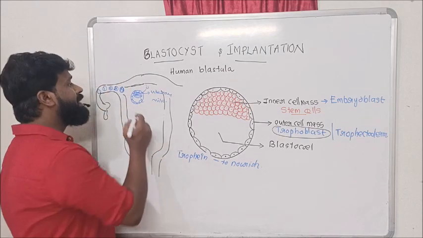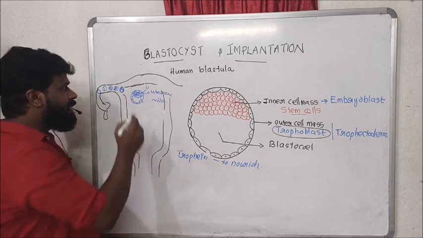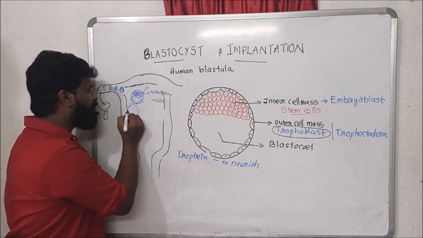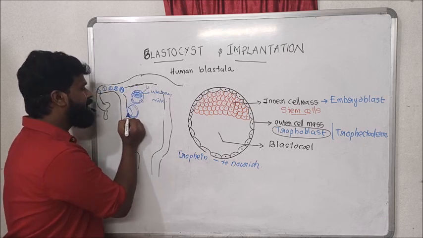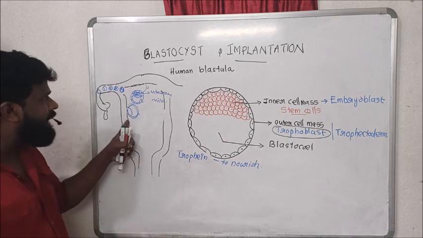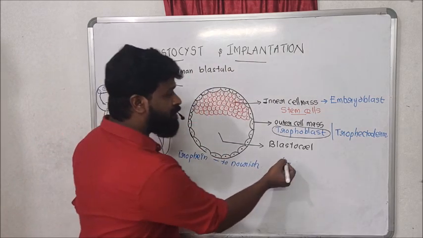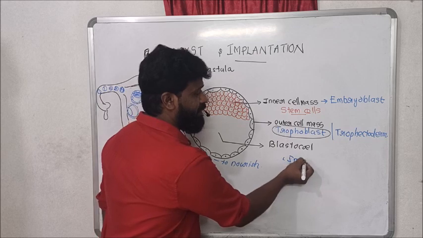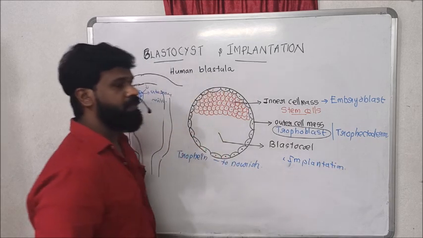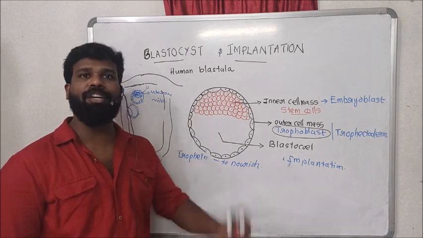Second one, the cells of the trophoblast get attached to the endometrium of the uterus and help in implantation.